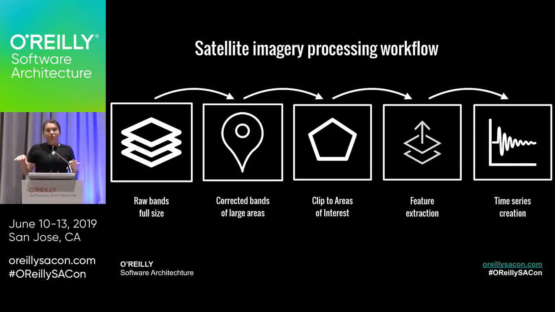After that, we are ready to read the area of interest we need. Once we read these areas, it's possible to extract features because they are already consistent. Once we do the feature extraction, it's really possible to create a time series of them, and features like high values, low values, medians, whatever, can be fed to the ML and AI workflows.